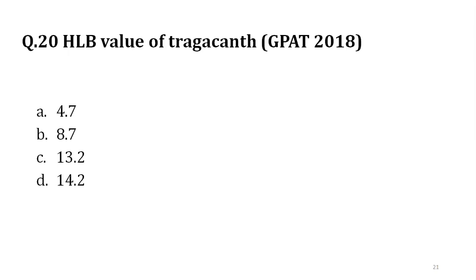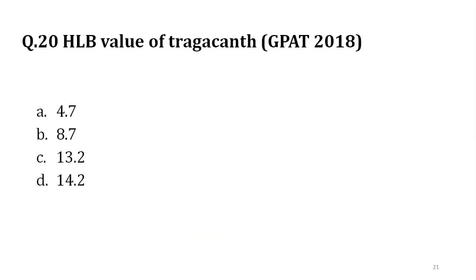Next question: HLB value of tragacanth. This question was again asked in GPAT 2018. Option A, 4.7; option B, 8.7; option C, 13.2; and option D, 14.2. Again, the values of the most commonly used surfactants may be asked in your GPAT examination.